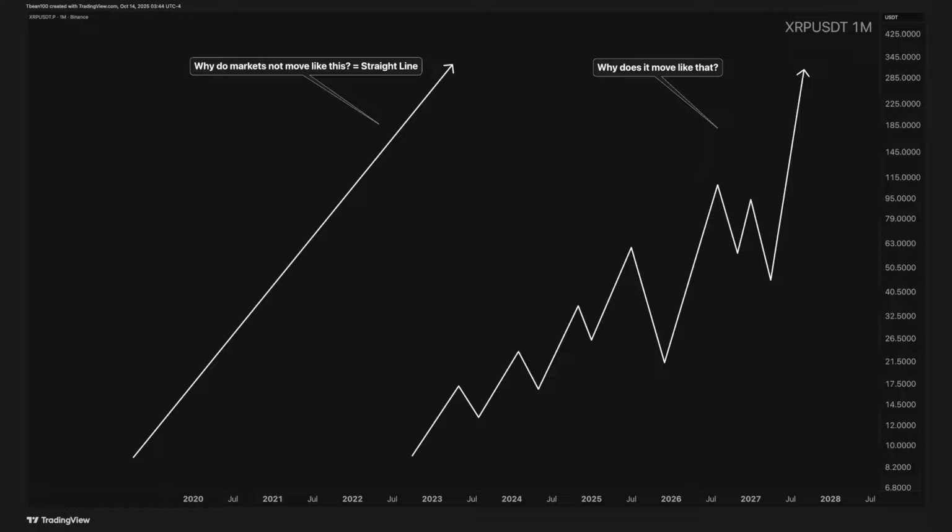Big rallies, big crashes, then back up again, yet overall they keep increasing over time, maybe over a long period. The most obvious reason is pretty simple. If the markets moved in a perfectly straight line, going up, up, up, up every single day, then everyone would get rich with zero effort.